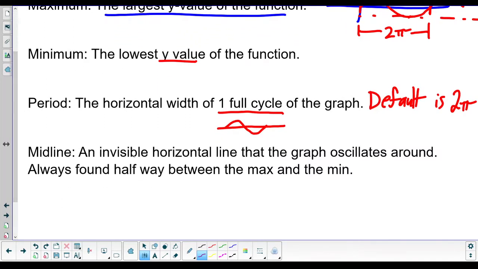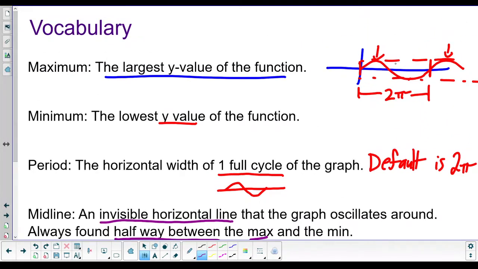It is the midline. So the midline is an invisible horizontal line. It's a third one that the graph oscillates around. It's halfway between the maximum and the minimum. Okay. So if our maximum is at 1 and our minimum is at -1, halfway between that would be 0.